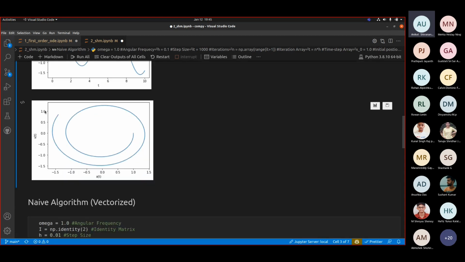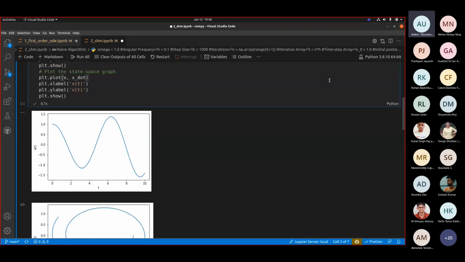And here you can see the phase space graph. If you relate velocity and position in SHM, you will find that they form an ellipse. It's not forming an ellipse. As time goes, the position is spiraling inwards.